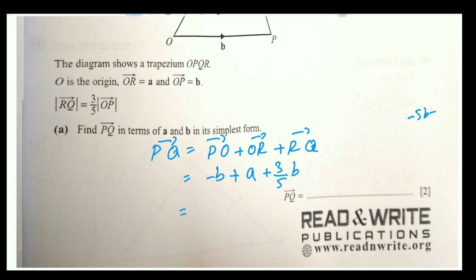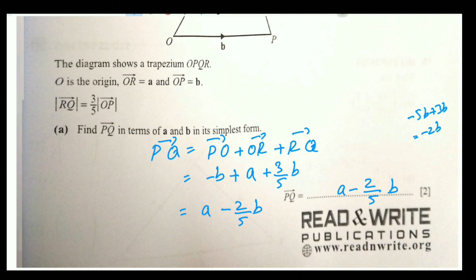Minus 5B plus 3B is minus 2B. So it will be A minus 2 by 5B. So the final answer is A minus 2 by 5B.